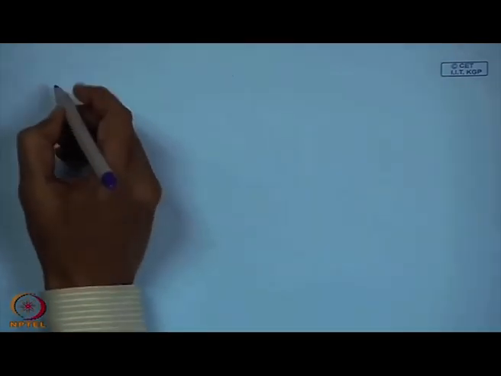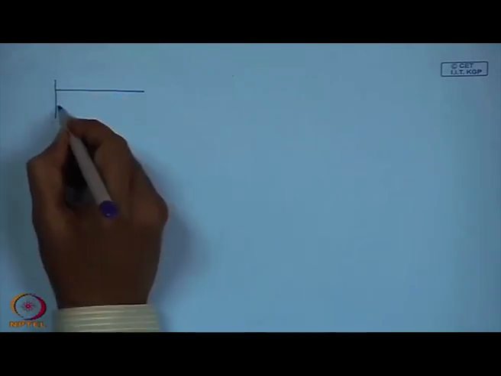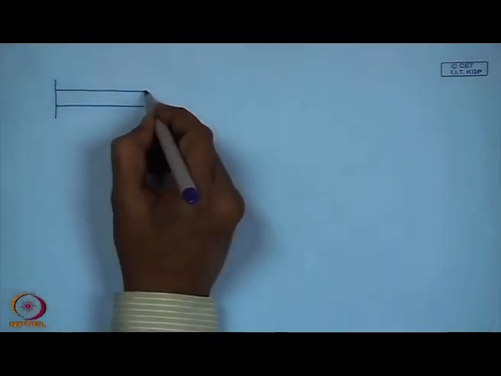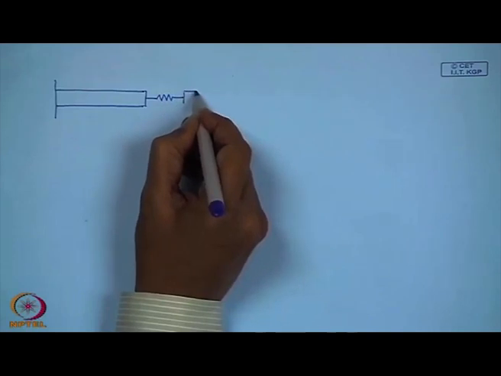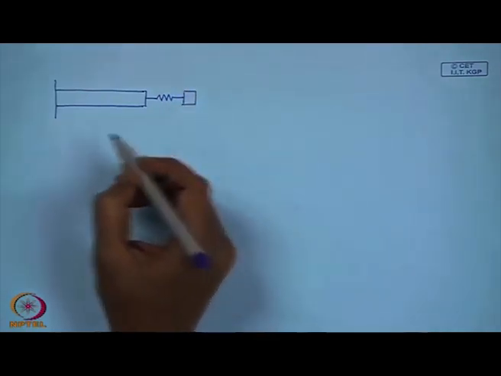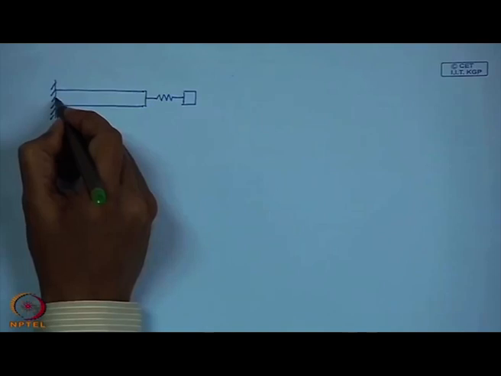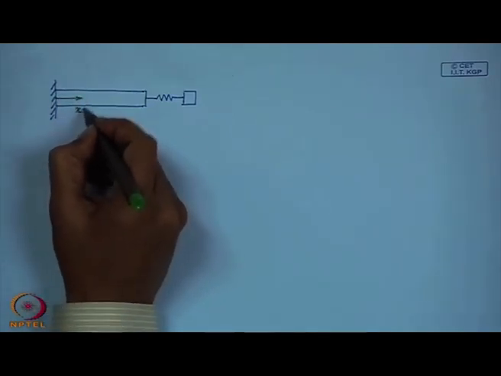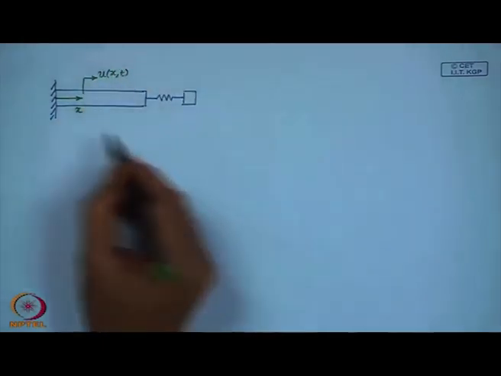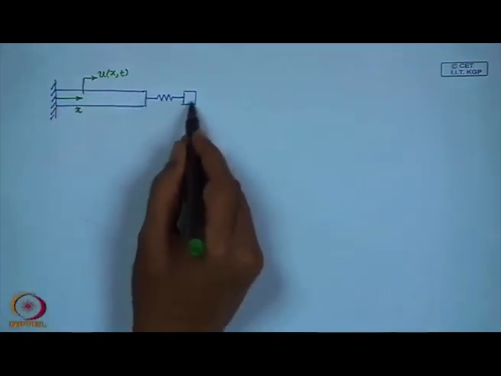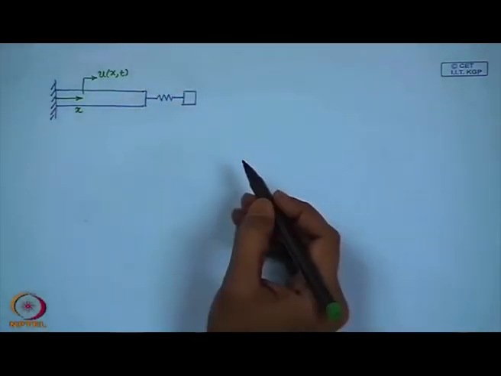Next, we look at another example. So, this is a fixed bar at the end of which an oscillator is attached in this manner.